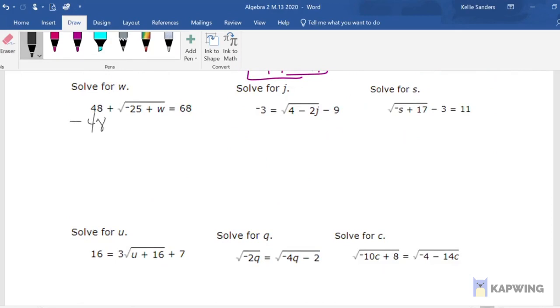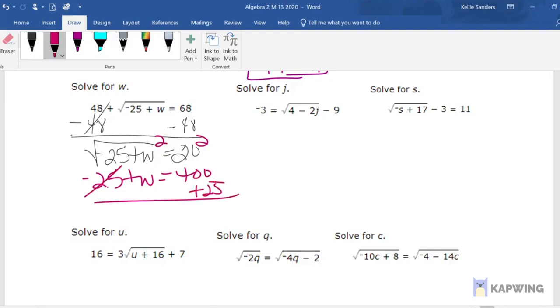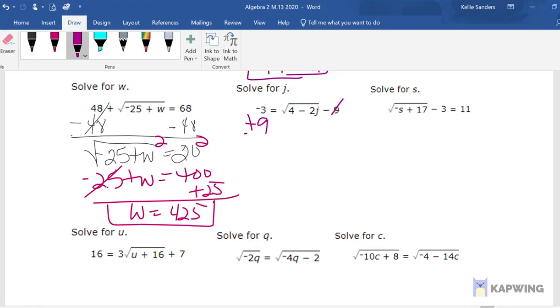Subtract 48. Subtract 48. The square root of negative 25 plus W equals 20. Square both sides. Negative 25 plus W equals 400. Add 25. 425. Add the 9 first to get the square root by itself.